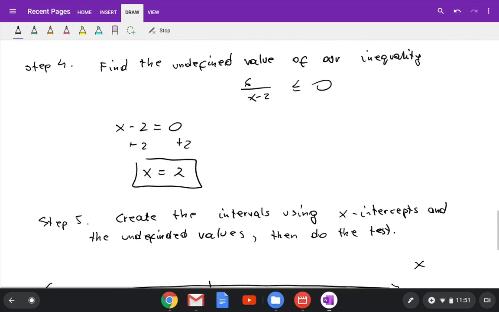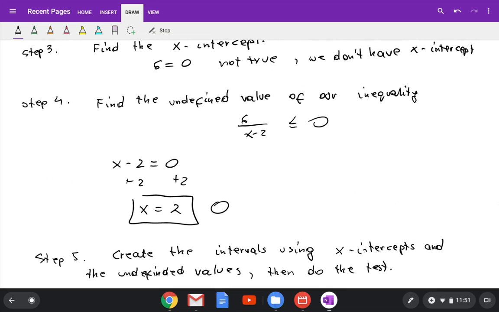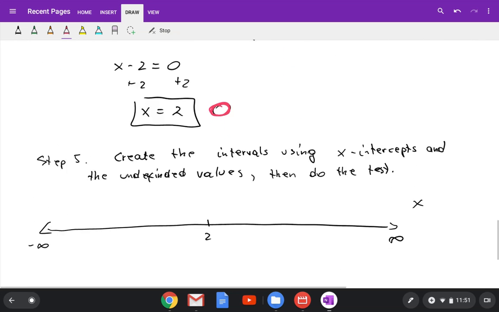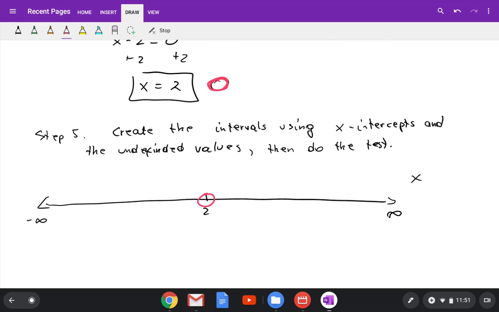For undefined value, you're always going to have an open interval. It doesn't really matter if your inequality has an equal sign here. Since when x is equal to 2, the inequality is not true, it's not real, you always keep the interval open for undefined value. So the circle will be open.